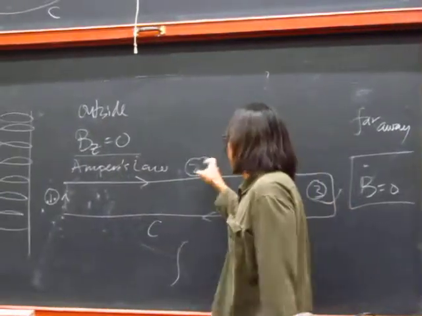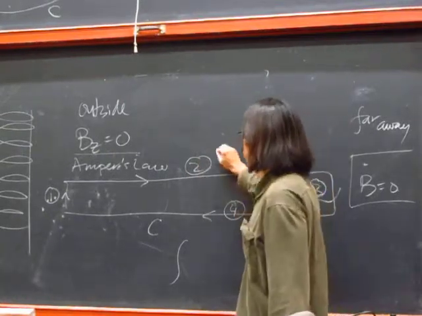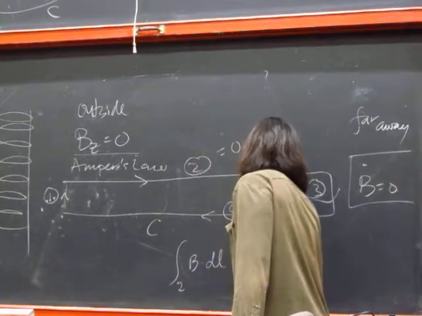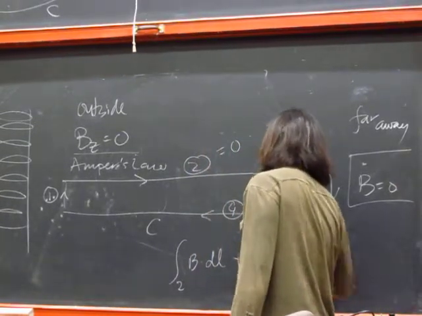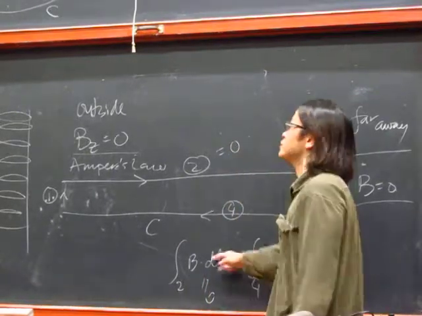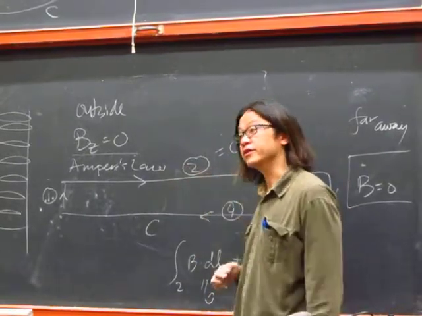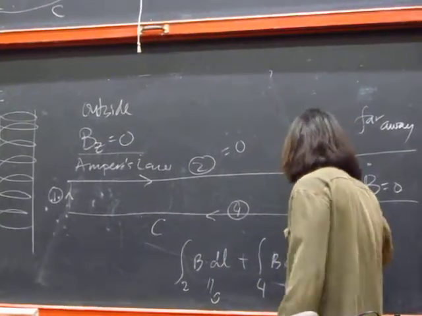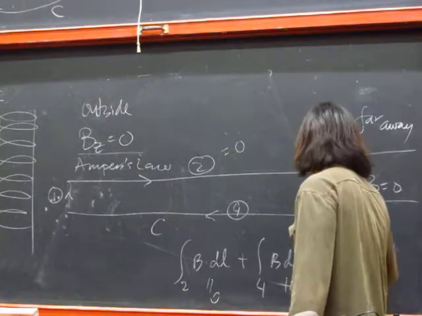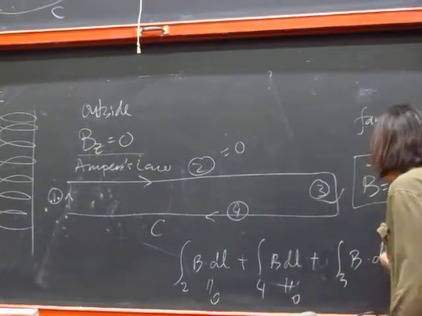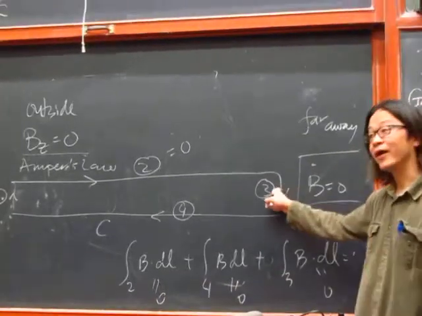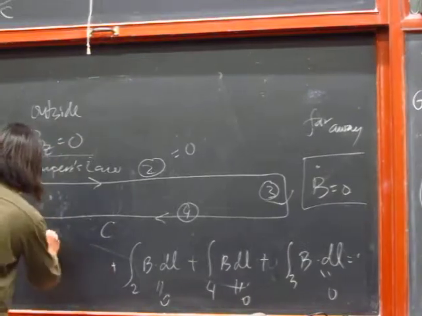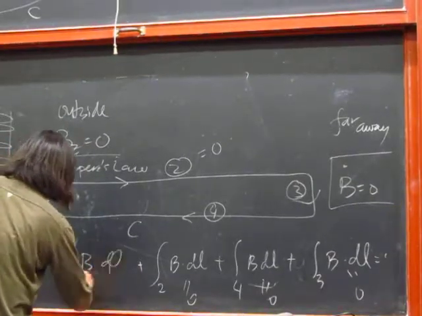Components 2 and 4 are 0, identically 0, because there is no B field in the radial direction. Component 3 is equal to 0 because it's far away. So you're left with component 1.